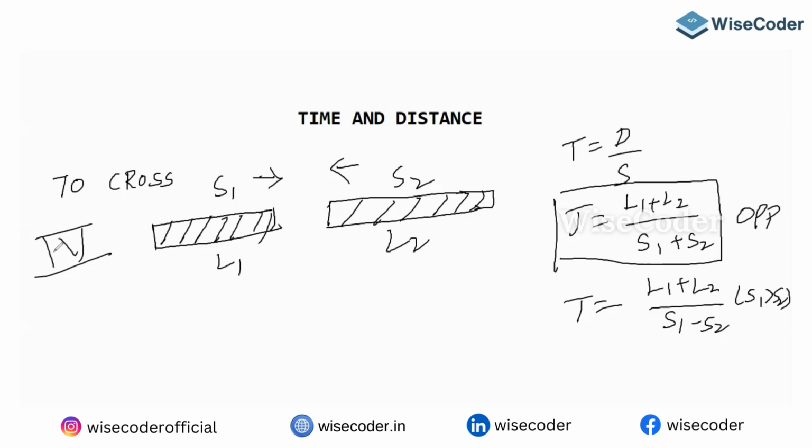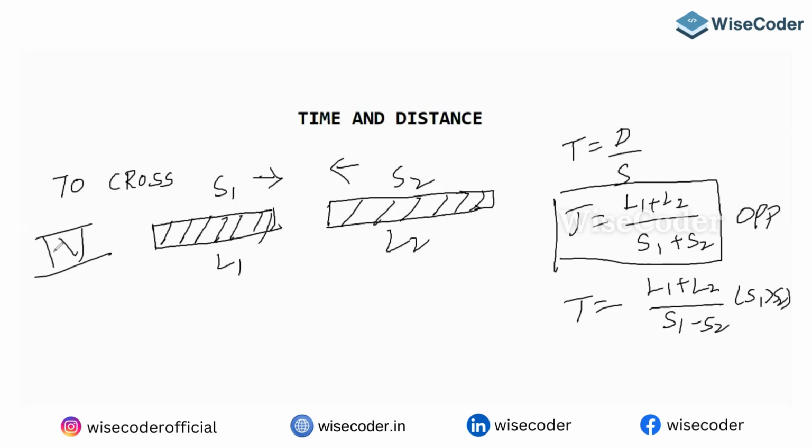Then time is equal to the length of the train by speed. If both are running in the same direction, speeds will be subtracted. If both are running in the opposite direction, speeds will be added. That's how you have to do your answer.